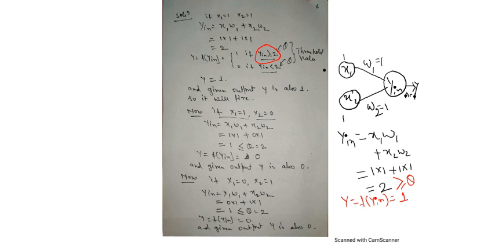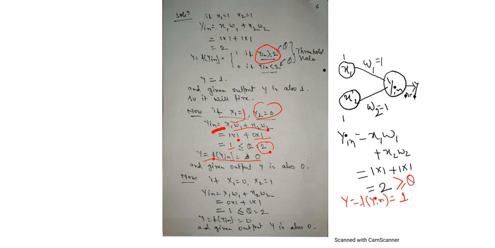Now suppose x1 is equal to 1 and x2 is equal to 0. We have changed the value. Now the y input is equal to x1 w1 plus x2 w2. So 1 into 1 and 0 into 1. The value is 1, which is less than the threshold value, because the threshold value is 2. So what will be the output?